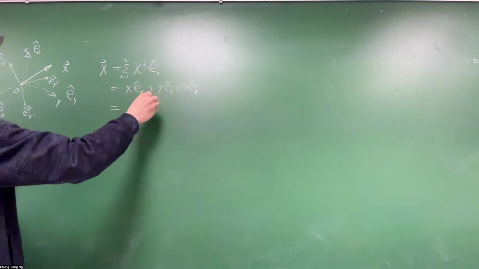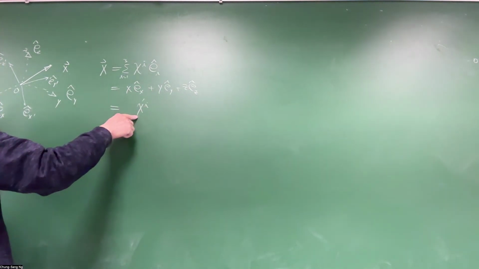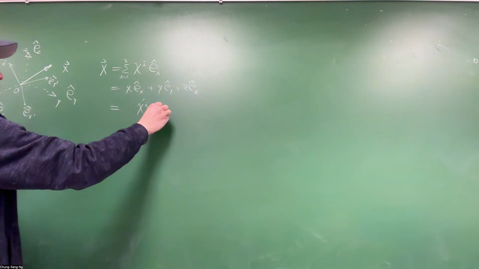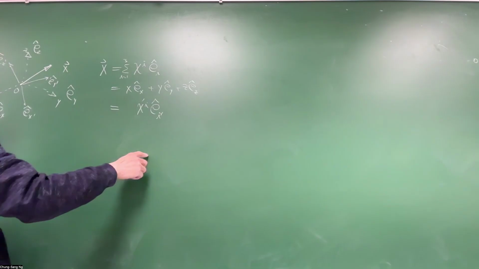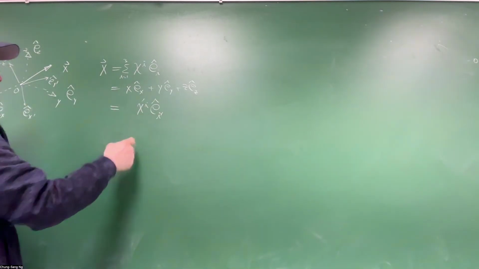Just rotate your coordinate system, and then you can write it down like x'^i, the coordinate in the new coordinate system, and e'_i, the unit vector, and sum over that, and pretty soon you are tired of writing all the summation.